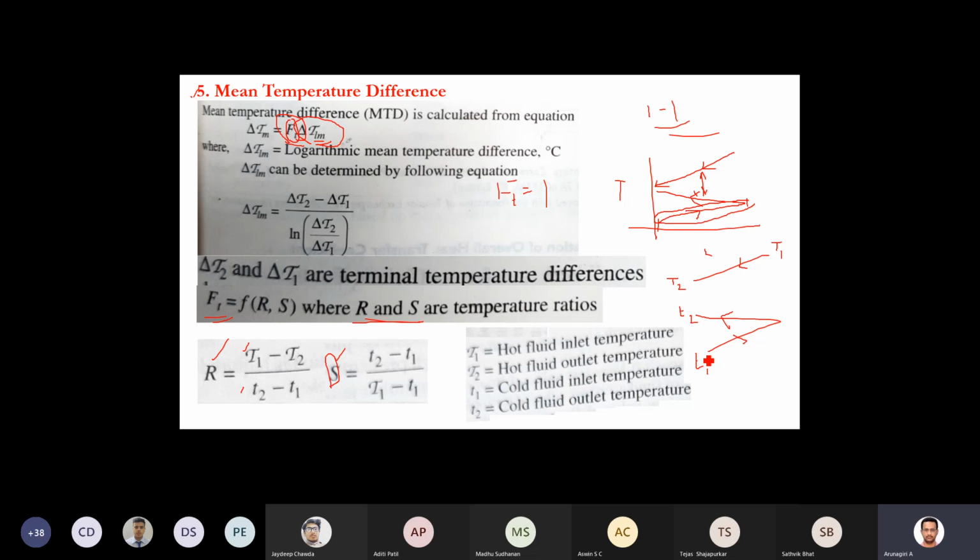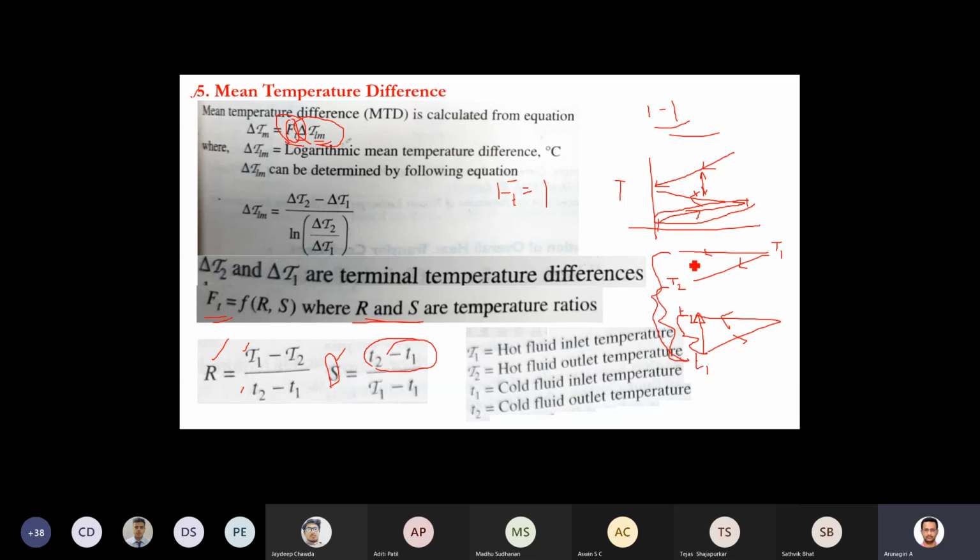So this is the heat gain or temperature rise of the cold fluid. That is the actual temperature rise. What is the maximum possible? This is T1 minus t1.